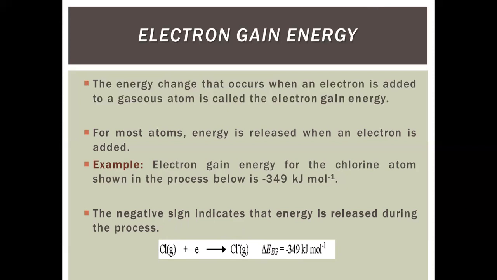The reason for this negative sign is the release of energy. Most atoms release energy during electron gain. So what we are writing is delta E, ΔE, for electron gain energy, you can write it as ΔE electron gain energy.